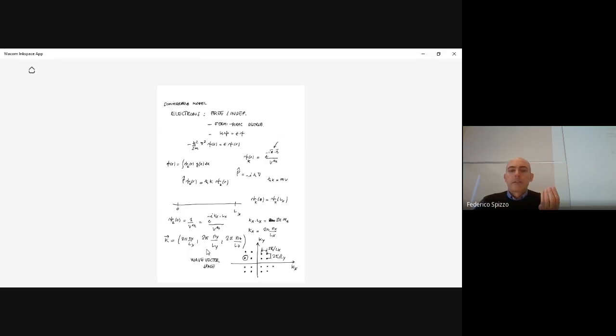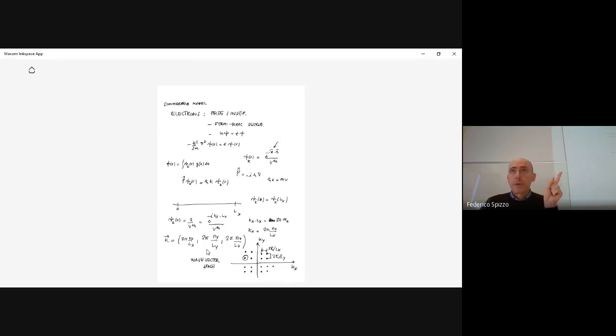Then there is an additional choice that is the choice of the electronic spin. So each of those points is a level that may host two electrons, one with spin up and one with spin down.